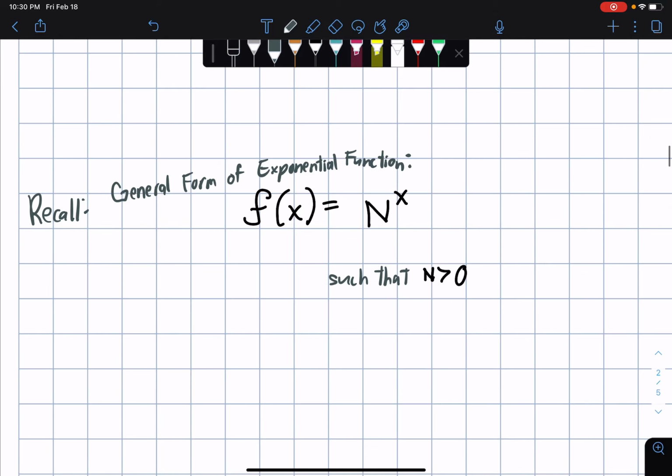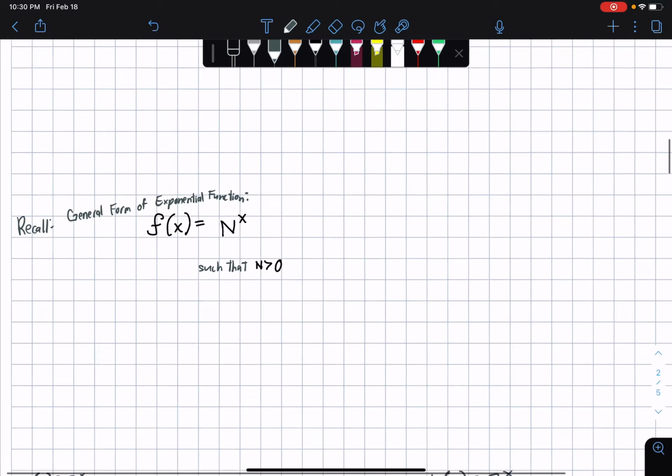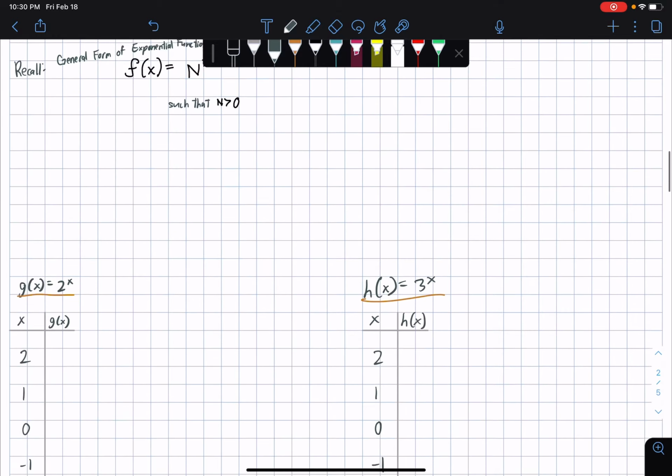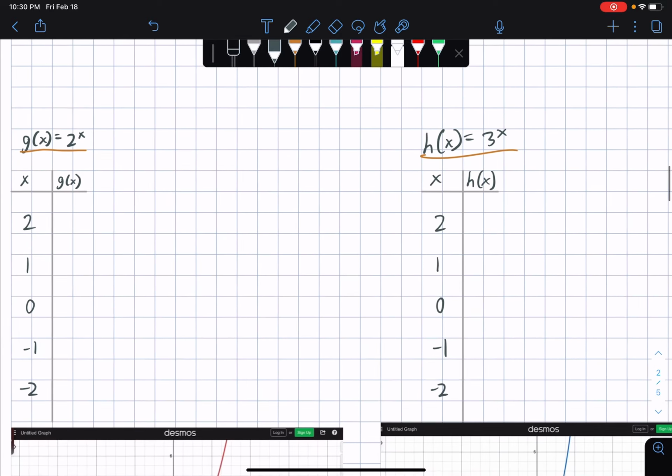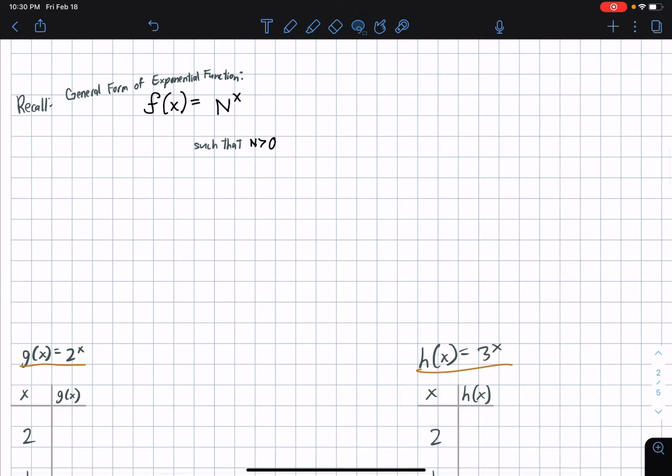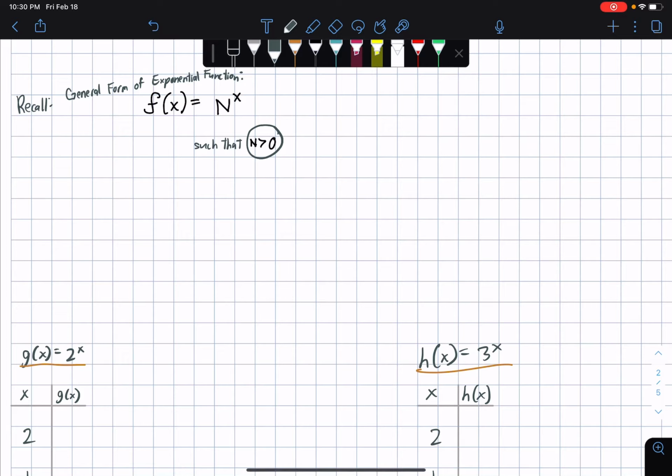We have to recall that the general form for the exponential function, where n, the base, should always be greater than 0. So here are examples about n being the base, or n being greater than 0.